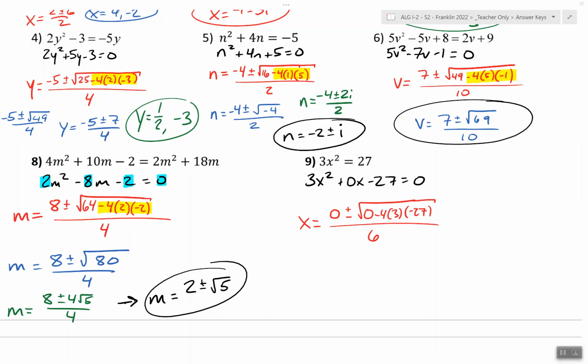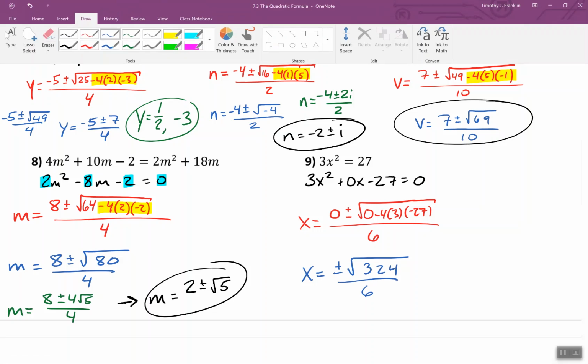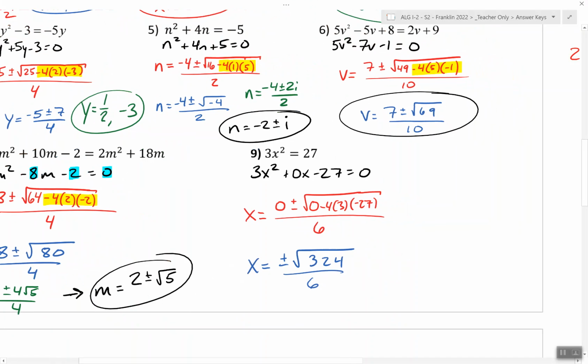So let's simplify the radical. So that's x equals, now that 0 in the front, we don't need it, so just plus or minus square root, 4 times 3 times 27 is 324, all over 6. And now the square root of 324 is 18.